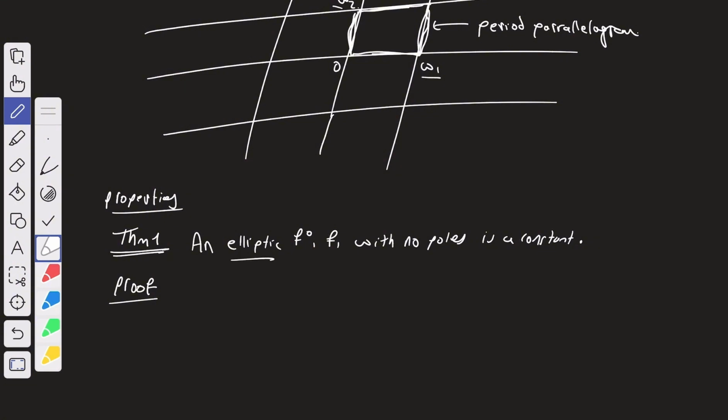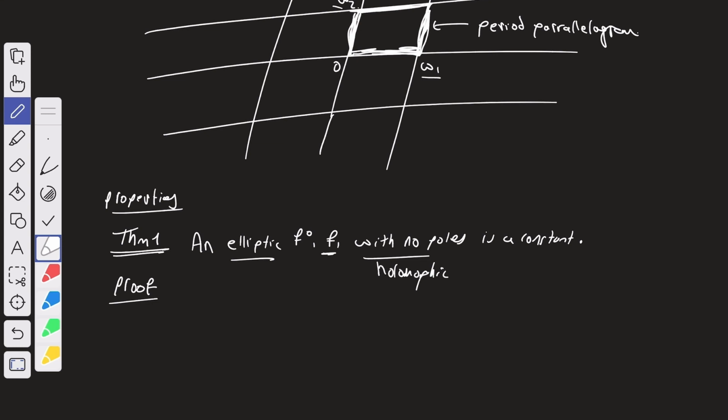Remember, an elliptic function is a meromorphic function, so it has a discrete set of poles. Now, if we say that it has no poles, i.e. it's holomorphic, it's entire, then since it's periodic, its values in the whole complex plane are determined by its values in this parallelogram, which is a compact set. Now, a holomorphic function is continuous, hence this f is bounded on the parallelogram, which is compact, right?